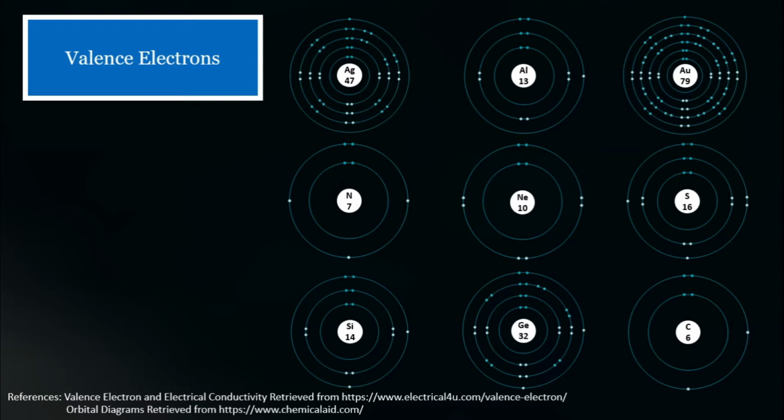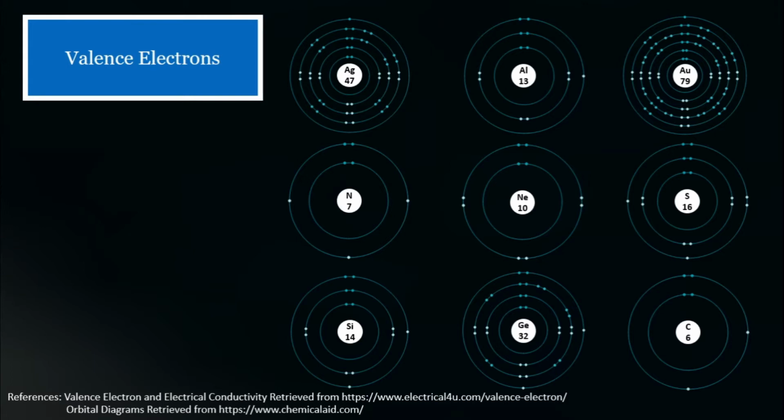Now, shown here are the various planetary model or orbital diagram representations of the electrons of each given element. We have here silver, aluminum, gold, nitrogen, neon, sulfur, silicon, germanium, and carbon.